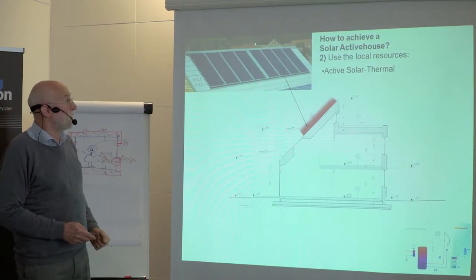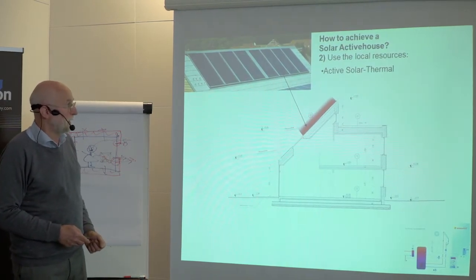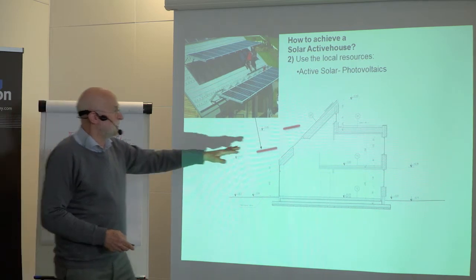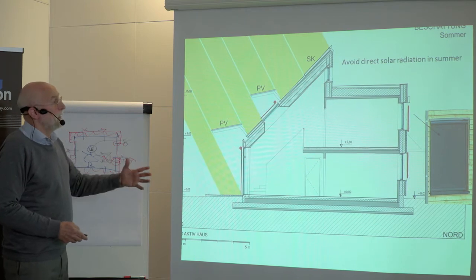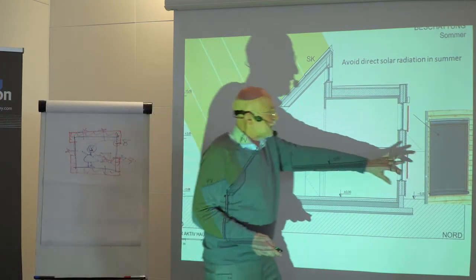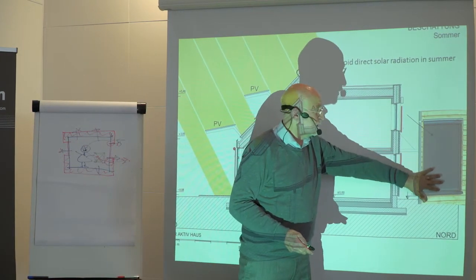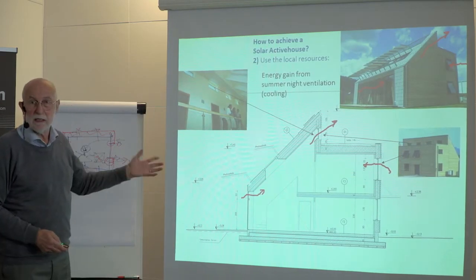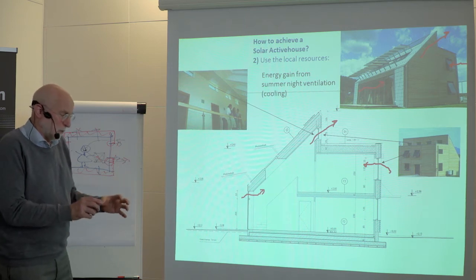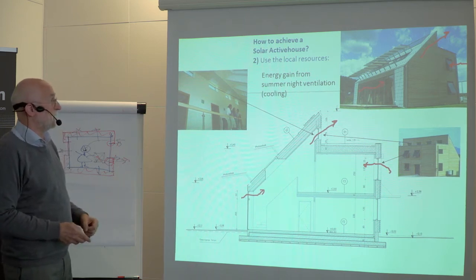We have in this house active thermal collectors, and we have the PV in double function. It also gives shadow. The east and west windows have to be closed so that the sun doesn't come in, and during night we need a good ventilation to cool down the house to the night temperature.